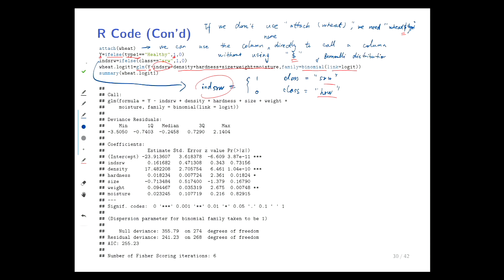I think I have mentioned it here. Because the Bernoulli distribution is a special case of the binomial distribution, what we can do here is just specify it as binomial. And the Bernoulli distribution is the model assumption, if you still remember, for the logistic regression model.